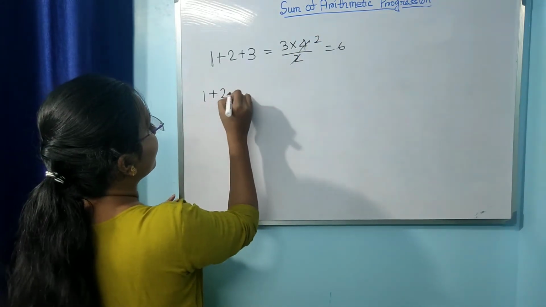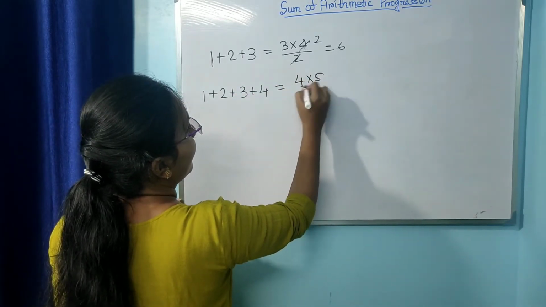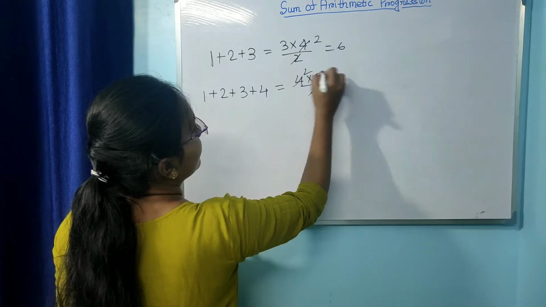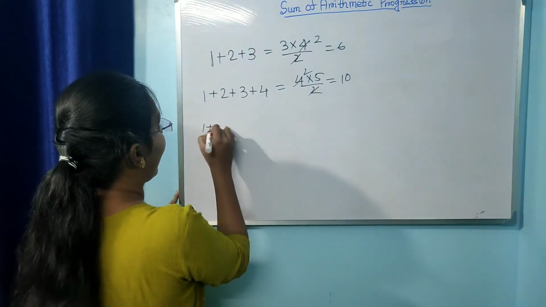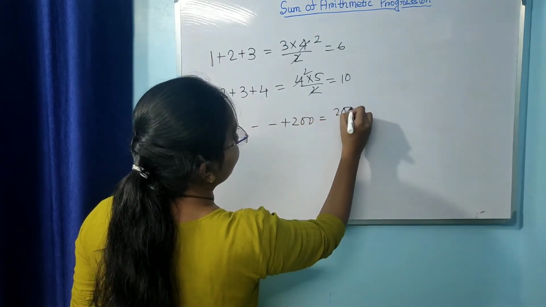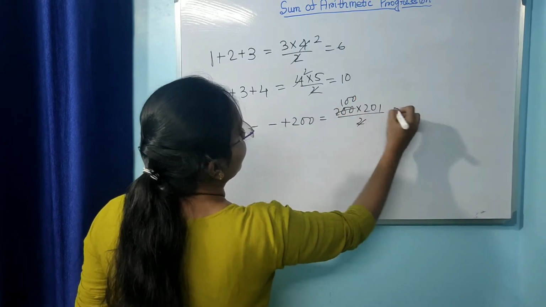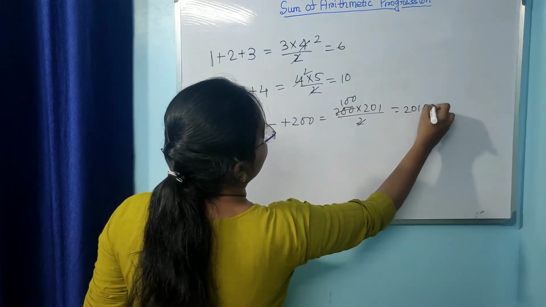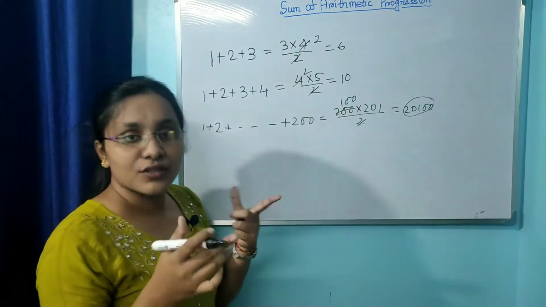Again if we add 4 numbers, it will be 4 into 5 by 2, that is 10, okay. It is true. So if we add 200 numbers, it will give us 200 into 201 by 2, which is 20100. So in this method we can find the sum of natural numbers so quickly.